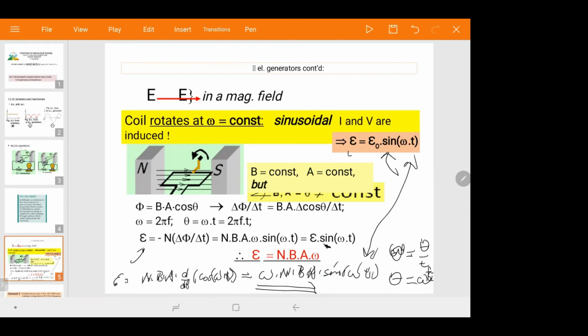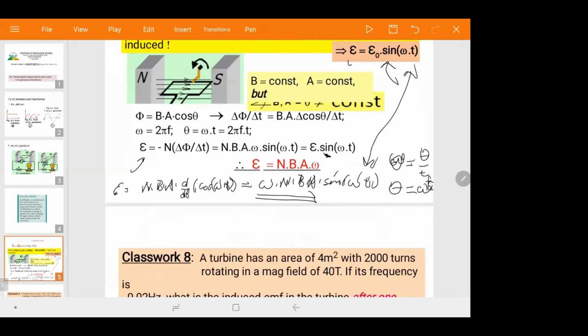So peak voltage is equal to N times B times A times omega. Omega is the angular speed with which the coil is being rotated in the magnetic field.